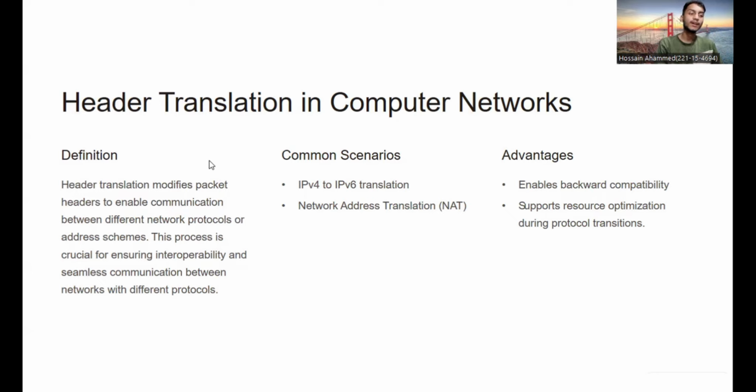For example, we can imagine a network that is IPv4, and the receiver is also IPv4, but in the meantime there is a collision in a different network, that is IPv6.